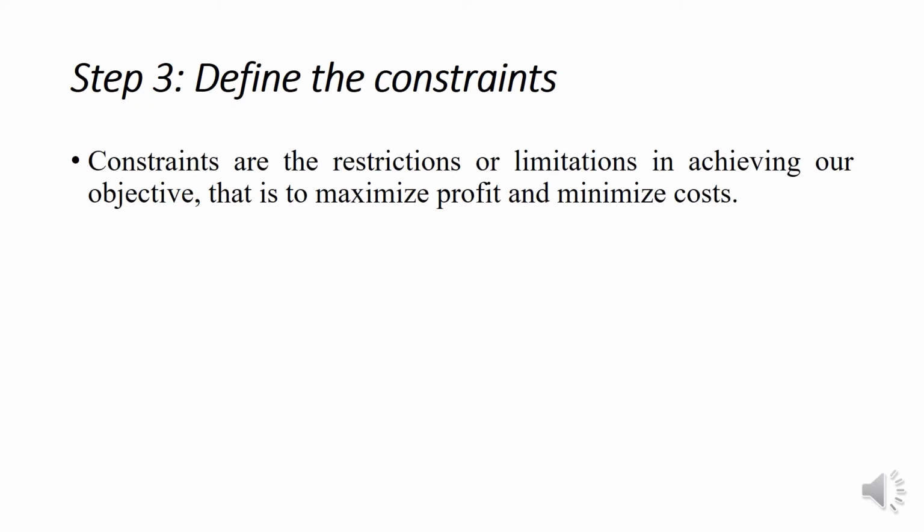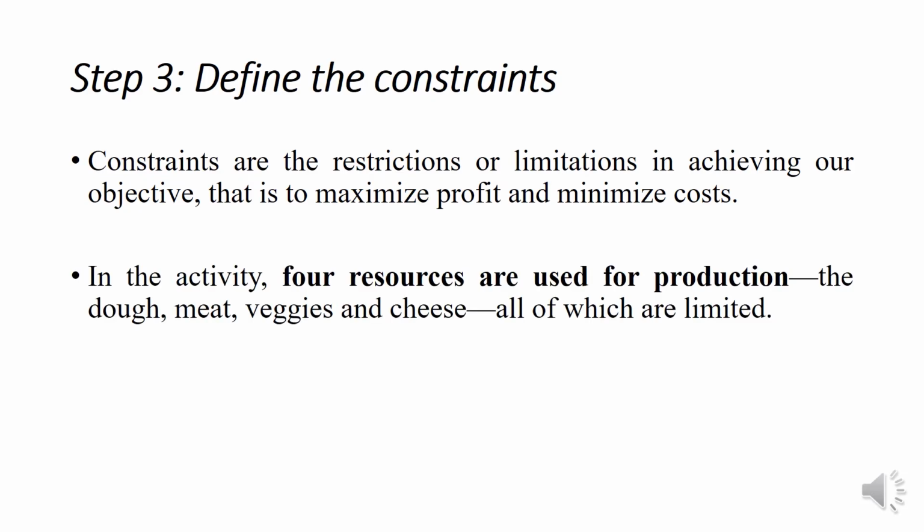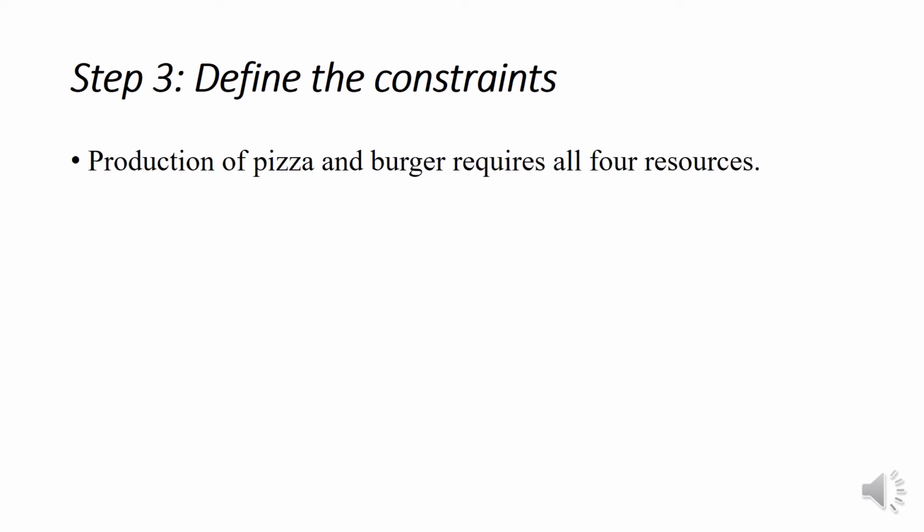Step 3 is to define the constraints. Constraints are the restrictions or limitations in achieving our objective, that is, to maximize the profit or minimize the cost. In our activity, there were four resources used for production: the dough, the meat, the veggies, and the cheese, all of which are limited. The production of pizza and burger requires all four resources.